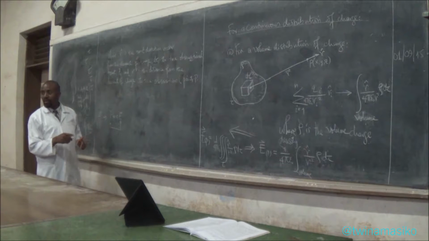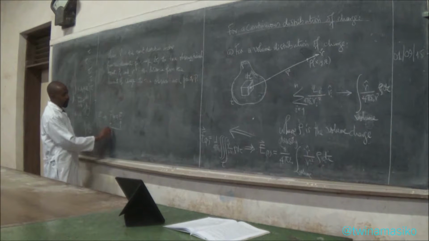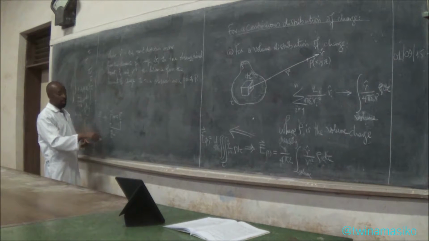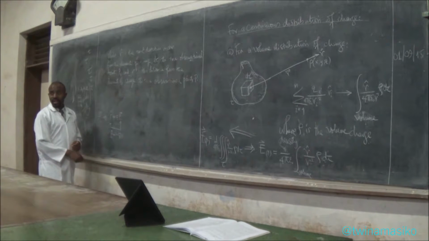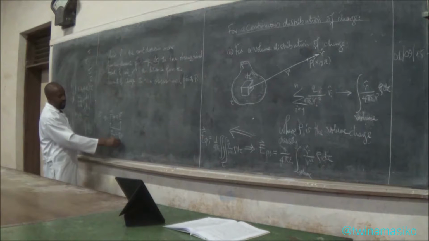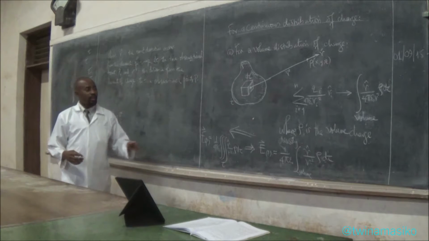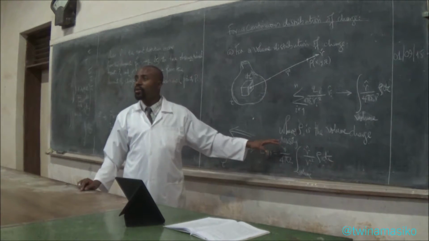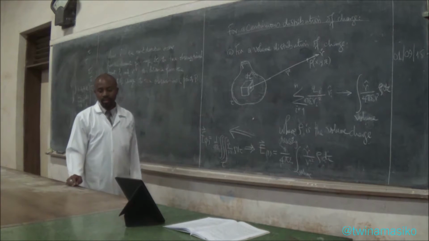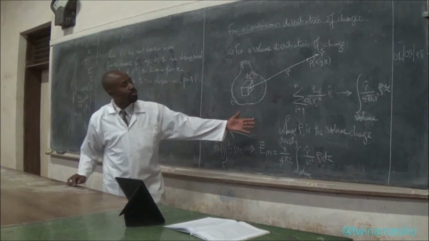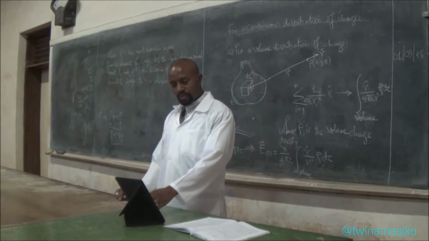In the future, in electricity and magnetism, we shall find that E is minus grad V. And if you have E, you can get the potential. That's the reason why we are looking especially at E rather than the force for this distribution of charges, or the potential. But we shall also be able to derive them when we reach the section on electric potential.